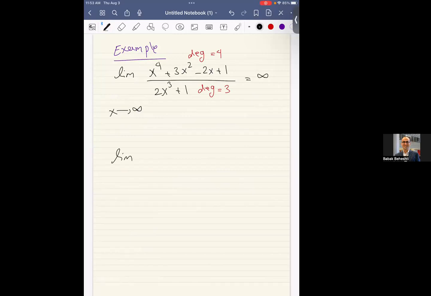Now, what if you have the limit of x squared minus 2x plus 5 over. In this case, what is the limit? The degree of the denominator is bigger now. So if the degree of the denominator is bigger, the limit is 0.